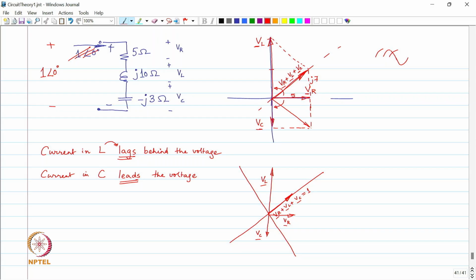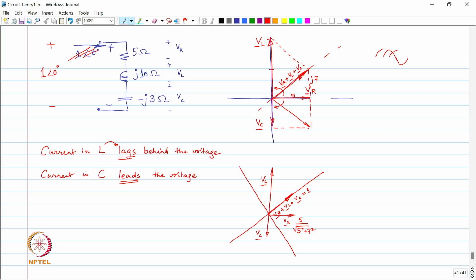Now, that is going to be called 1, that has a length of 1. So, what is going to be the length of VR? Earlier whatever length it had, that divided by root over 5 squared plus 7 squared. Earlier it had a length of 5. So, now it is going to have a size of 5 divided by root over 5 squared plus 7 squared. Okay.